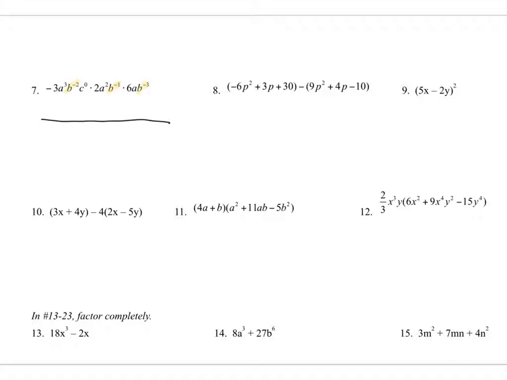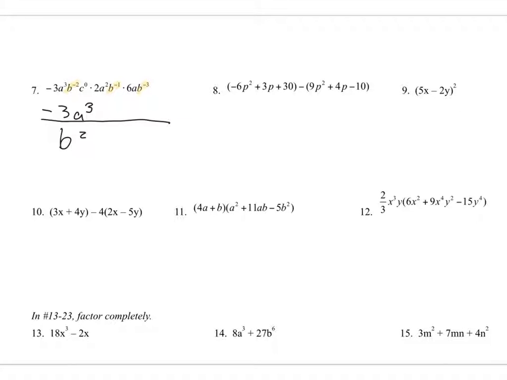For problem number 7, when I take a look at it, I notice that I have negative exponents here. And so I'll go ahead and get my line together so that I can have my numerator and my denominator. And so I go through who stays at the top, negative 3, a to the 3rd is at the top. Everything with a negative exponent moves.